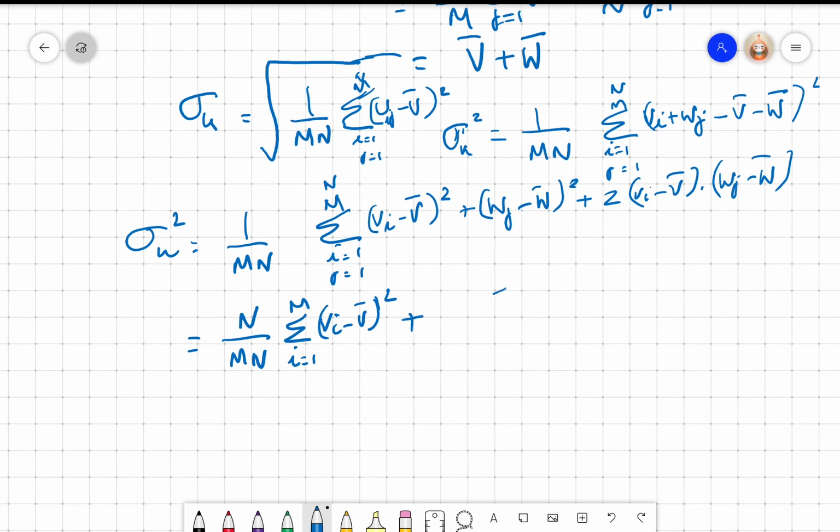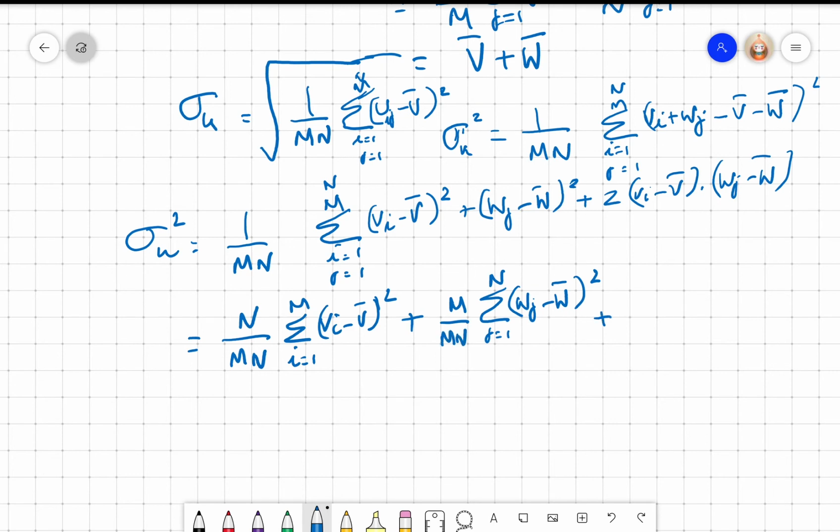So I will get sigma j equal to 1 to n wj minus w bar whole square, and I will do this over I varies, m by mn, right?